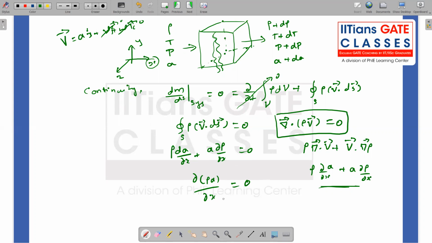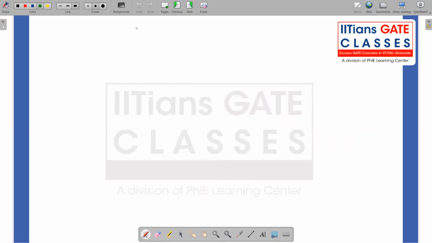So what does it say? Whatever is inside the differentiation, that means rho a is equal to constant. This is important. From continuity, we got that rho a is equal to constant. If I use that idea between two control surfaces of the control volume of our interest, rho a is equal to rho plus d rho, that is at the exit of the control volume, times a plus dA.